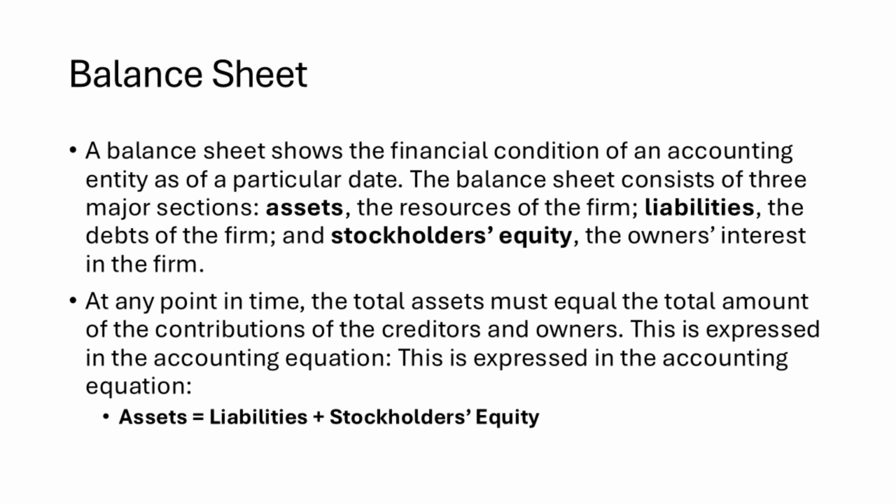At any point in time, the total assets must equal the total amount of the contributions of the creditors and owners. This is expressed in the accounting equation. Assets equals liabilities plus stockholders' equity. In simplistic form, the stockholders' equity of a corporation appears as follows.